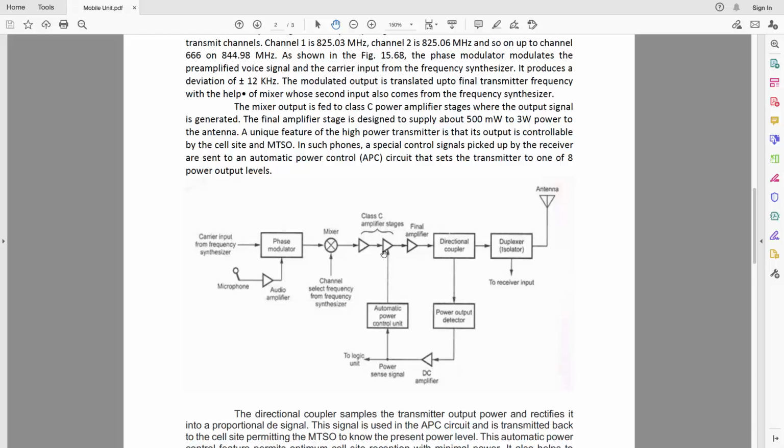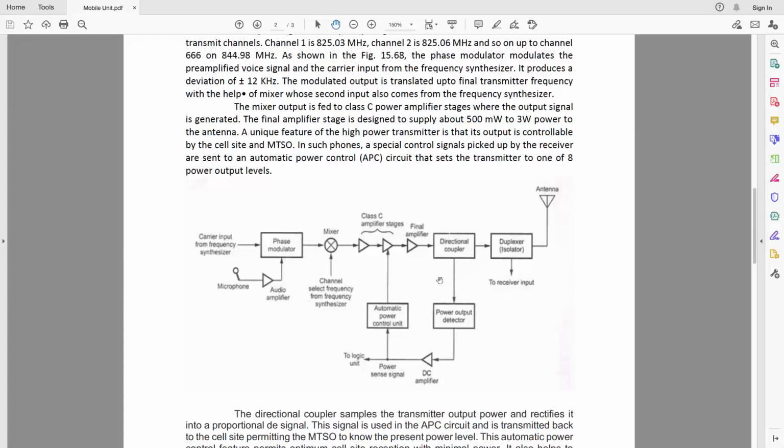That's why, according to the distance between the base station and the mobile station, the mobile should be able to transmit a signal accordingly. Sometimes the mobile has to transmit a signal with less power, and sometimes with very high power. So that is the power adjustment capacity of the mobile phone transmitter, which depends upon the feedback circuit.